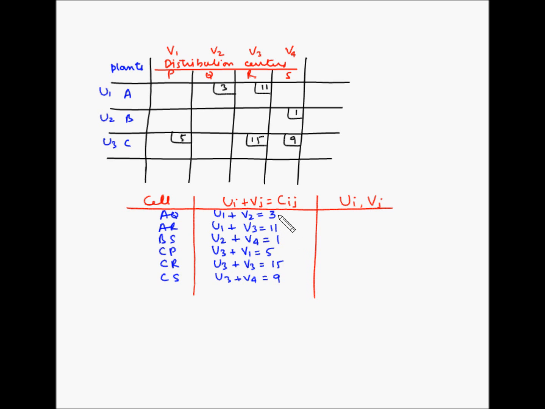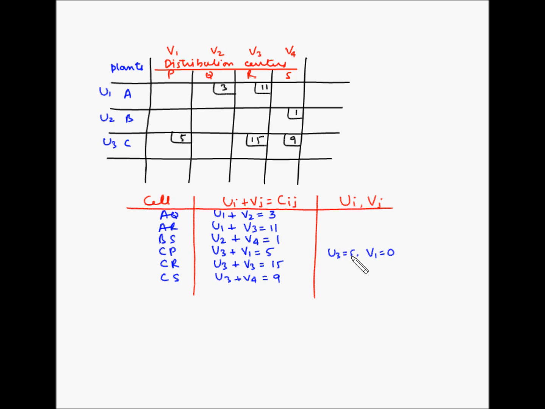Now we have to find the values of Ui and Vj from these equations, and we have assumed that V1 is equal to 0. So let's note that down. V1 is equal to 0. Let's put that value of V1 in the equation for CP. So U3 is equal to 5.